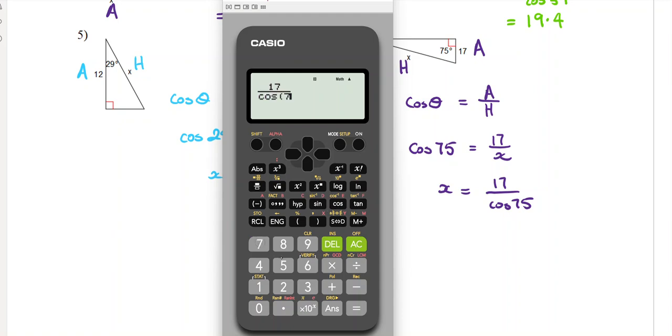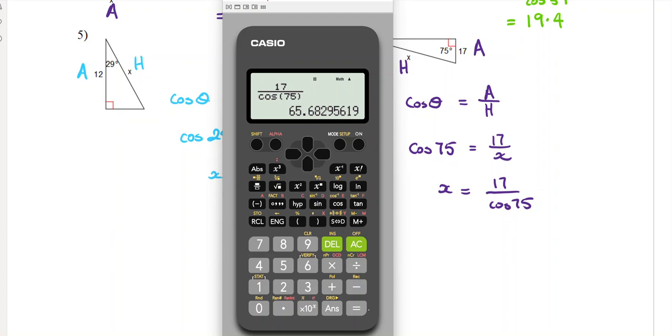What did you get? This one's going to be close bracket.